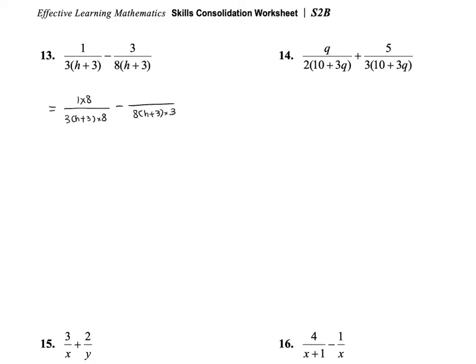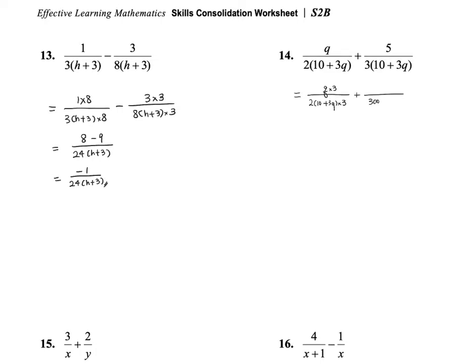Just like this. Okay, and then you will have 8 minus 9 over 24h plus 3, which gives you at the end negative 1 over 24h plus 3, like this. For this one, this time you just do the same. So you have to times 3, and for this one times 3 plus 5.